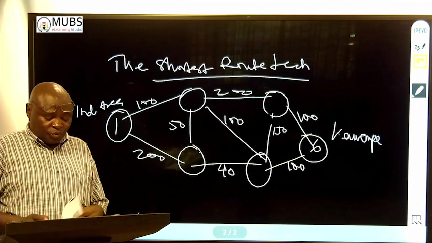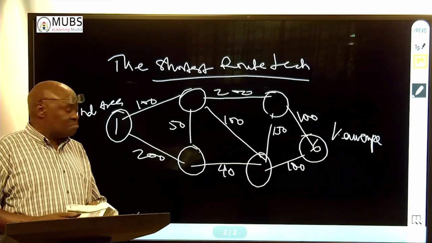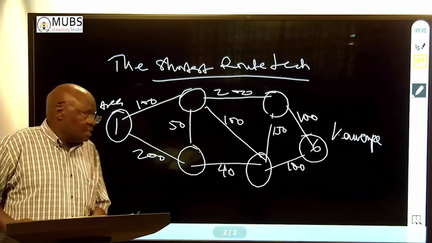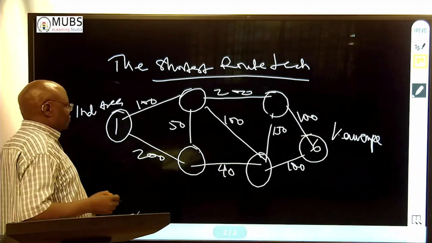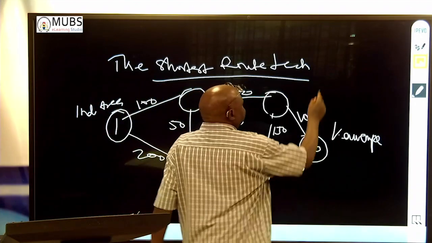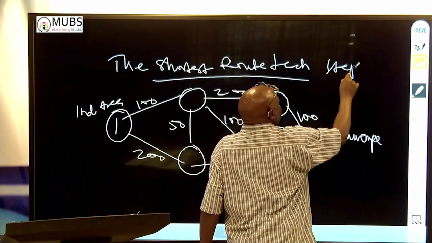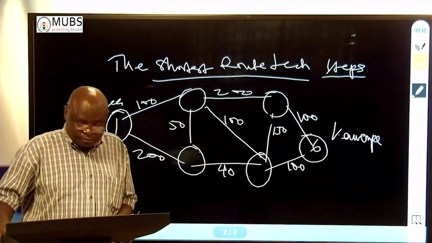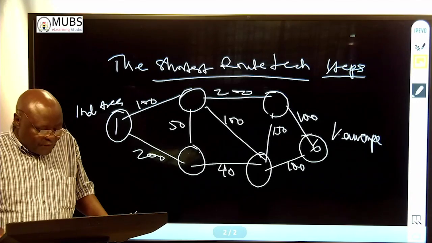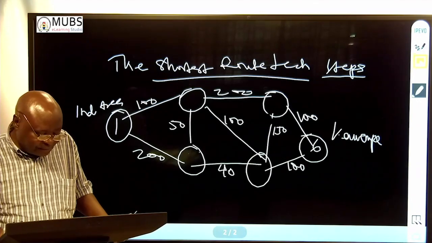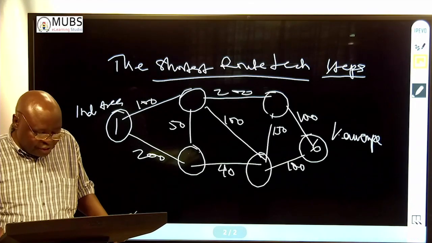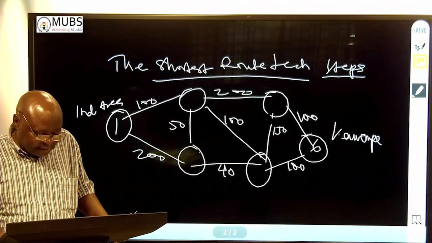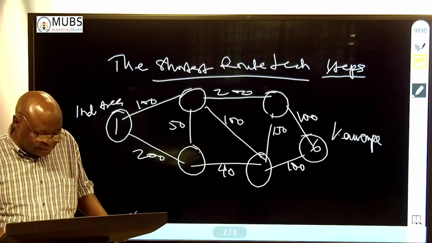So the steps for this technique are as follows. Steps you have to follow. Number one, find the nearest node or location to the origin and put that distance in a box.